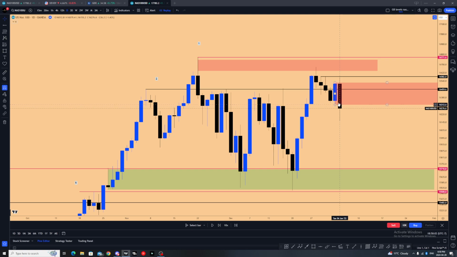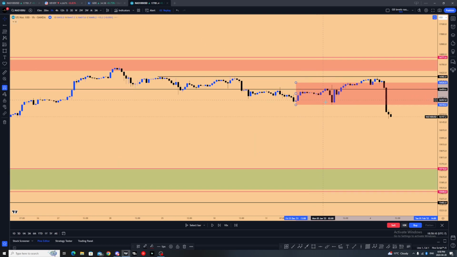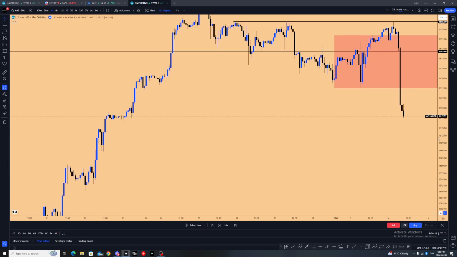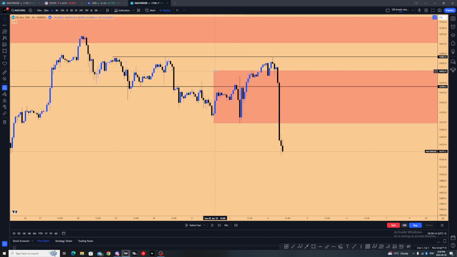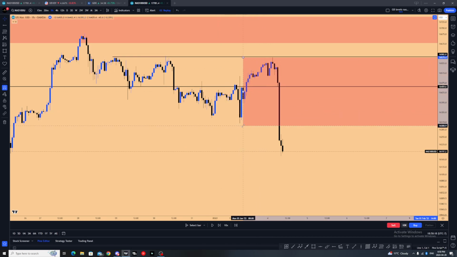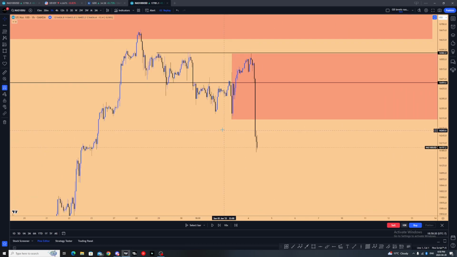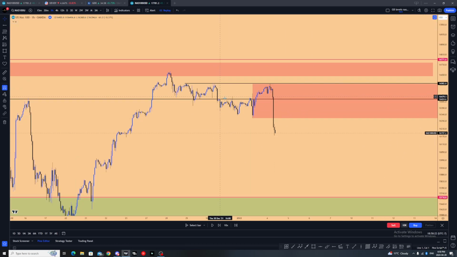And this rejection is happening at a key SR level. So this entire zone, basically from this bottom till this top, this zone is a bearish order block. So any trading which might happen going into this entire zone, that's a short.